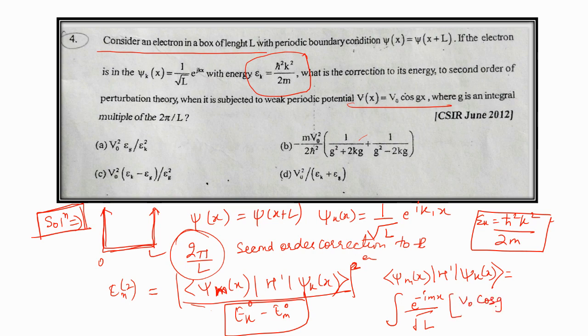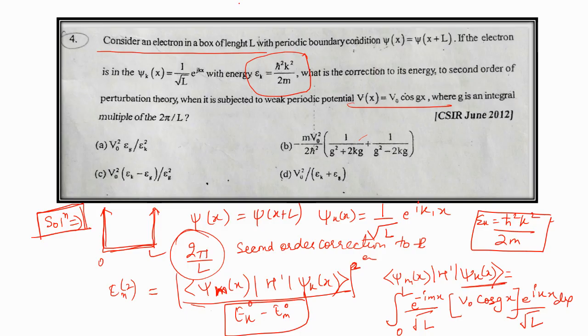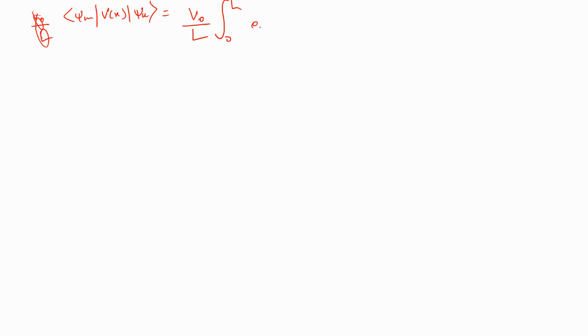So V naught cos gx, psi k is e raised to the power iota kx root L dx, and the limits will vary from 0 to L. Now V naught by L, sorry, phi m V x phi k is equal to V naught by L integral 0 to L. This will be e raised to the power iota k minus m x, cos gx, V naught cos gx dx.